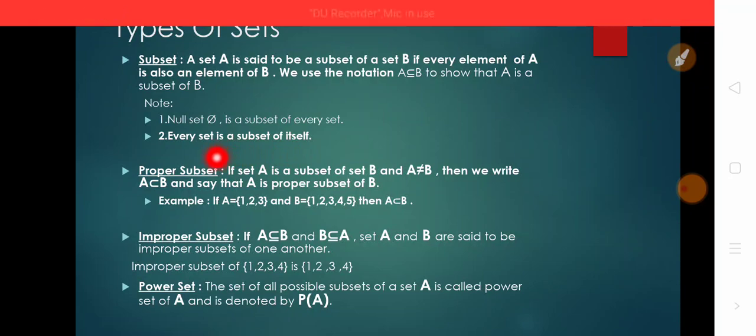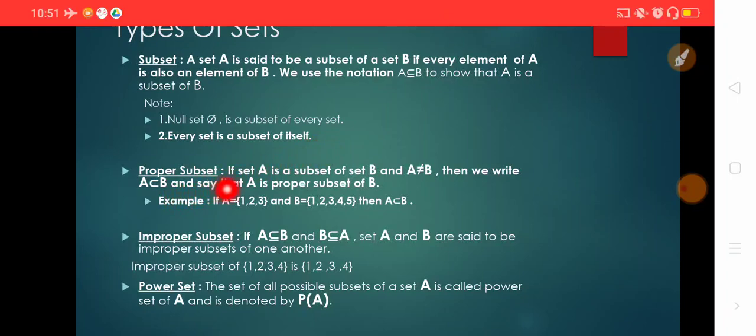Suppose I say A equals 1, 2, and the second set A is 1 and 2. So A is a subset of set A, or A is a subset of itself, because all the elements of set A are present in set A. That's why every set is a subset of itself.